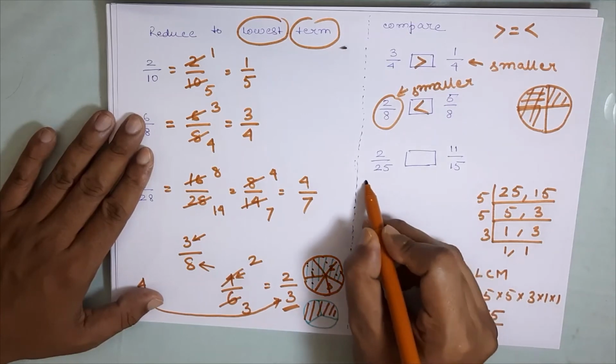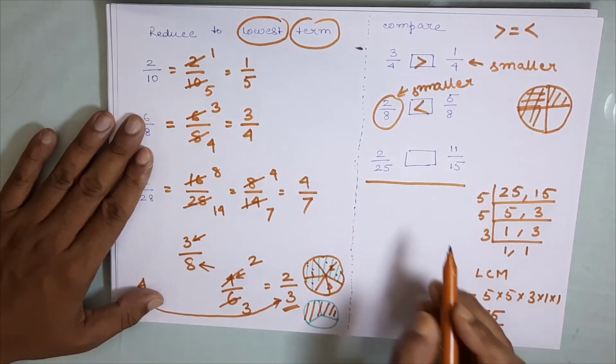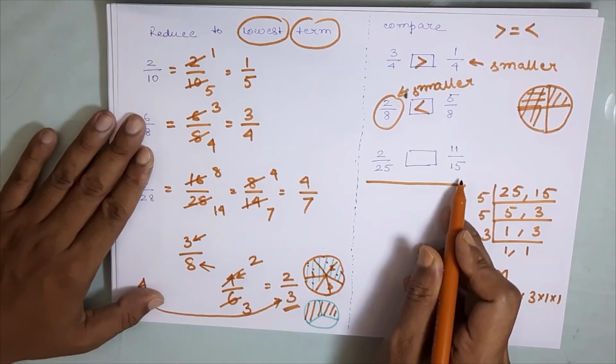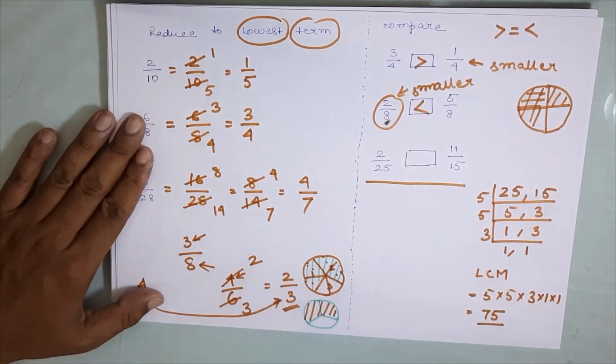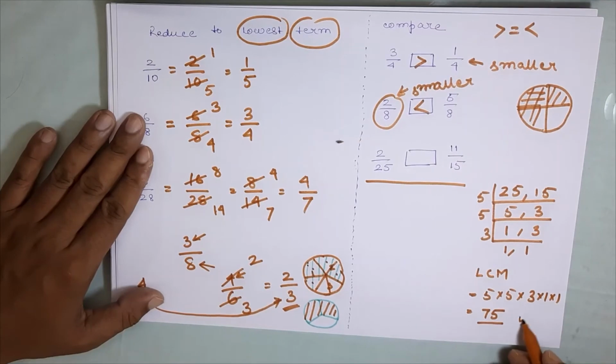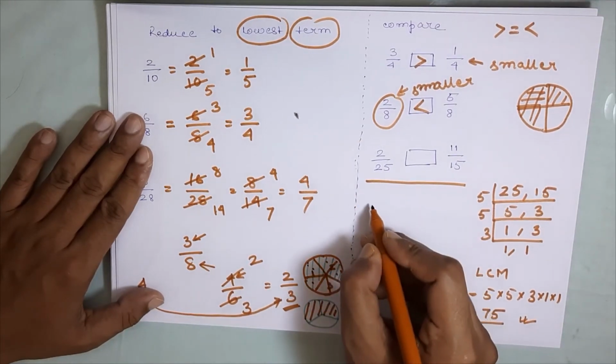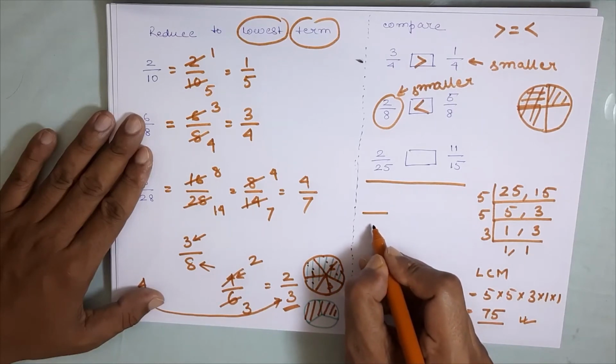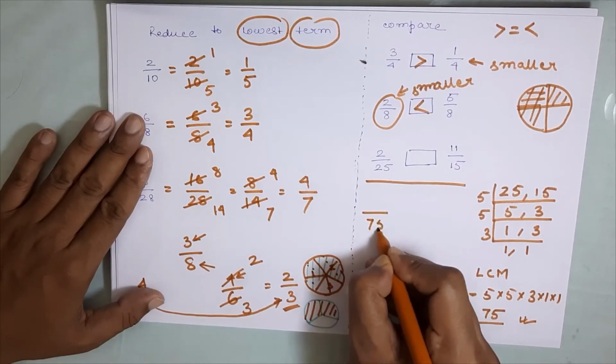Now what you have to do is change both fractions so the denominator becomes the LCM value, which is 75. So 2 by 25 will be represented with 75.